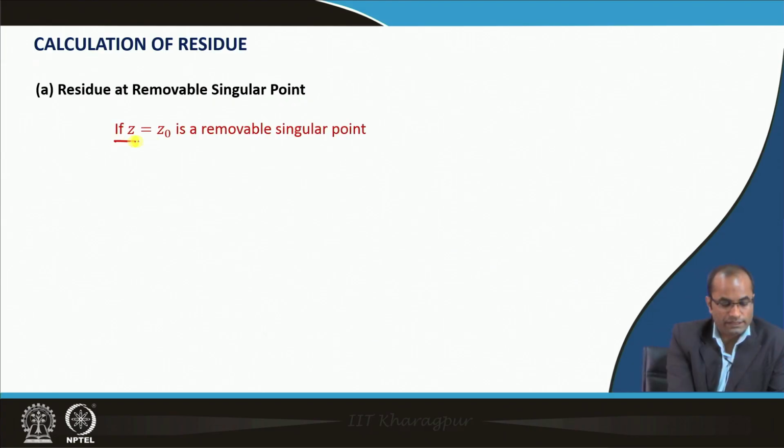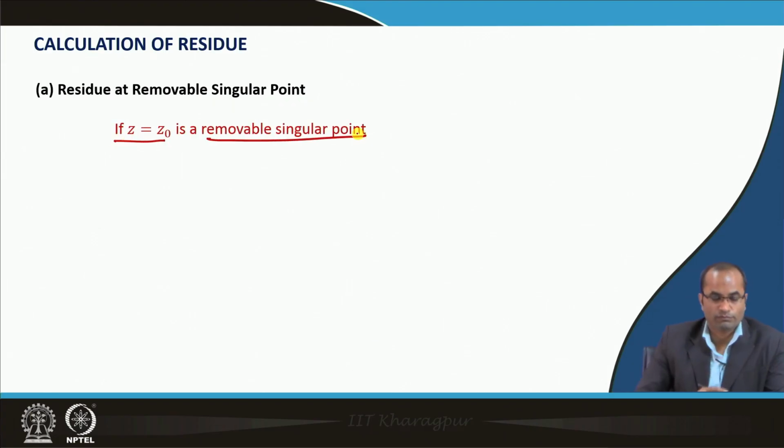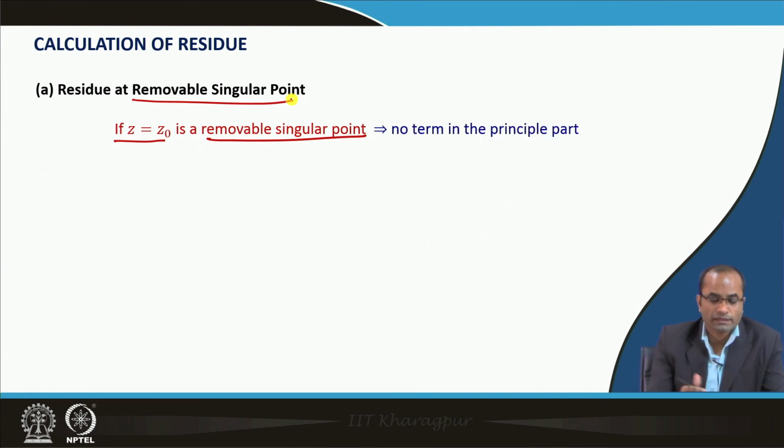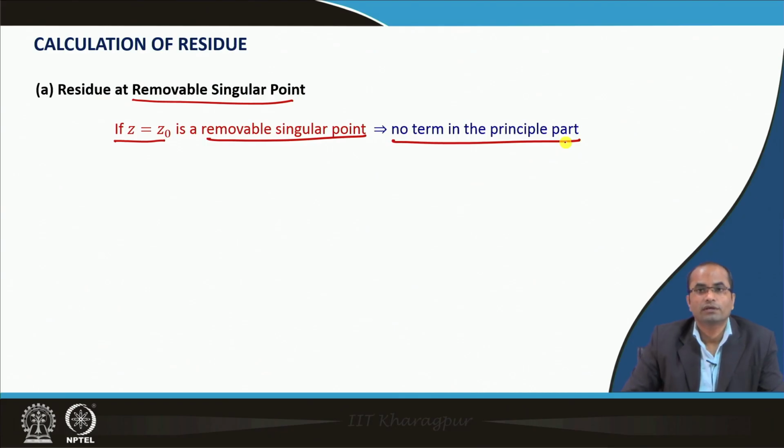If z equal to z naught is a removable singular point, and now the classification comes into the picture, then we know that there is no term in the principal part of the Laurent series expansion. It does not have negative powers of z minus z naught.